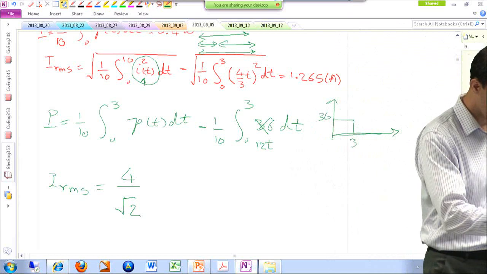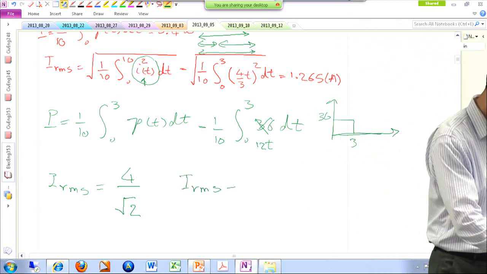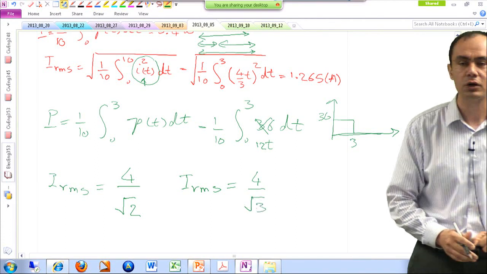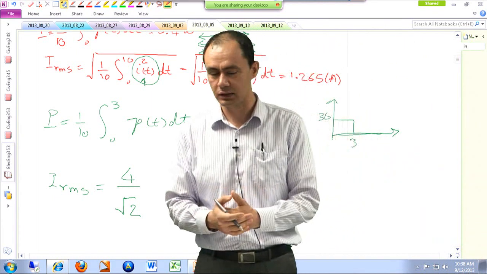Now, some of you went a little bit further and said, okay, IRMS is that peak value over the square root of 3 because this is a triangular waveform. And again, that's wrong because this is not really a triangular waveform.